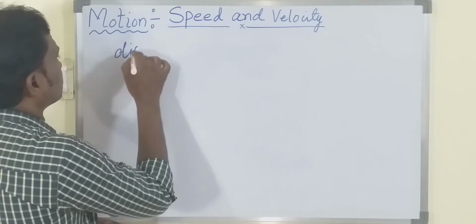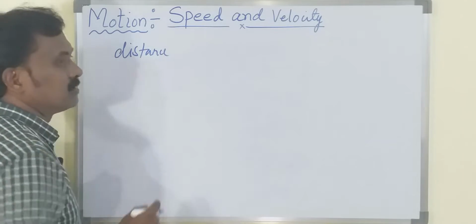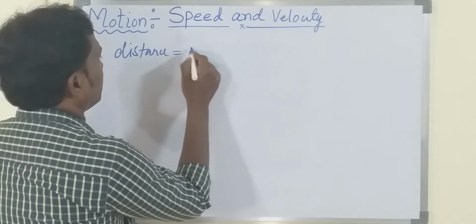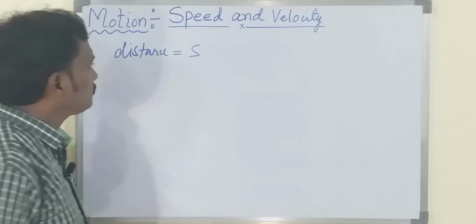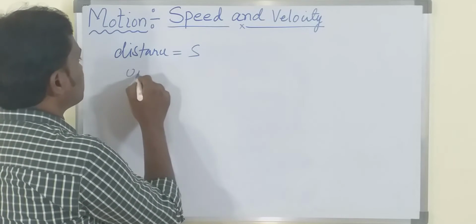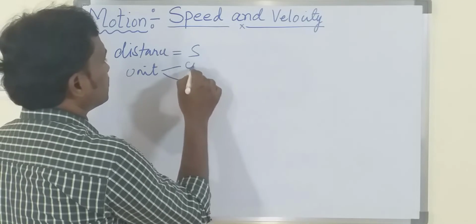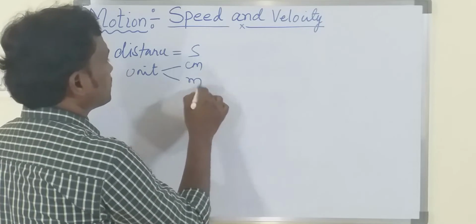Distance was the length of the path traveled by the body, and it was represented by letter S, and the units, that is, we have CGS centimeter and SI as meters.